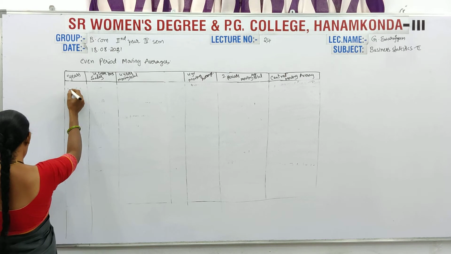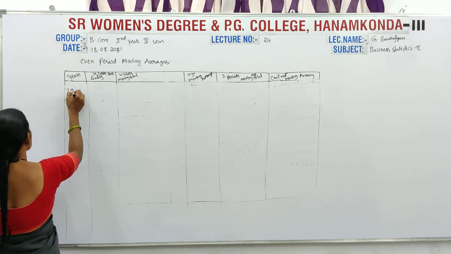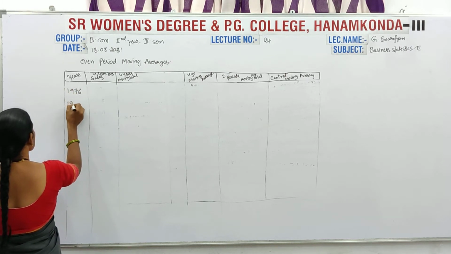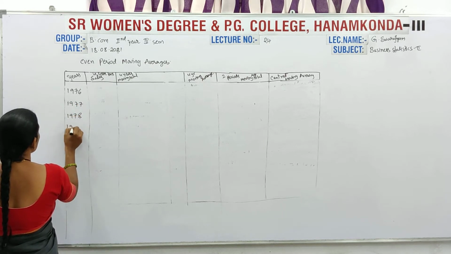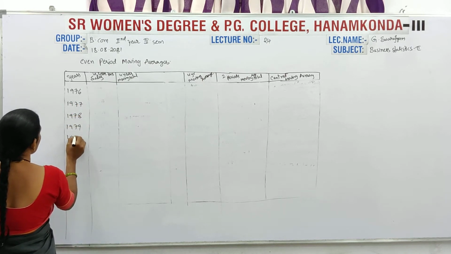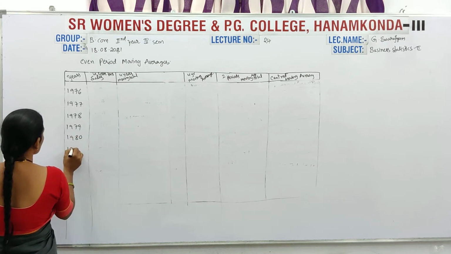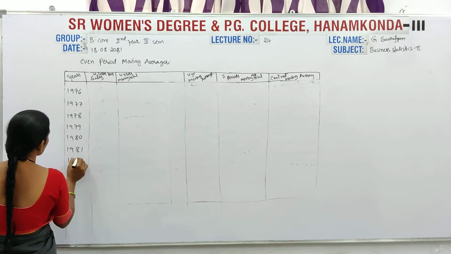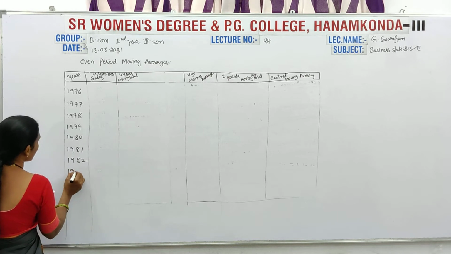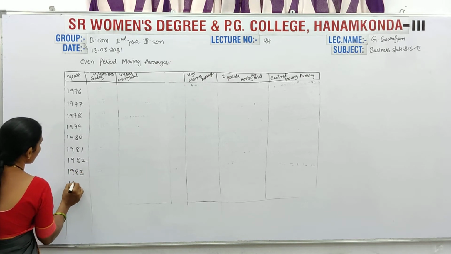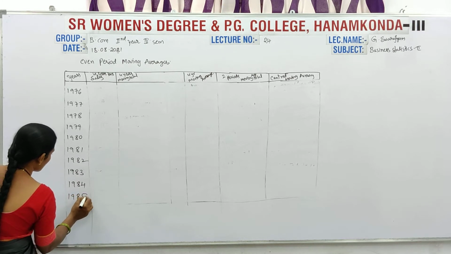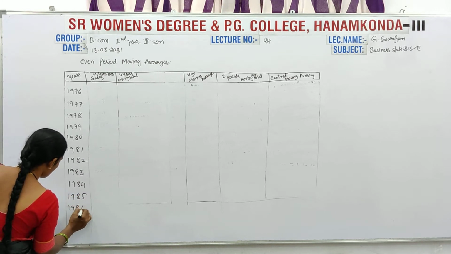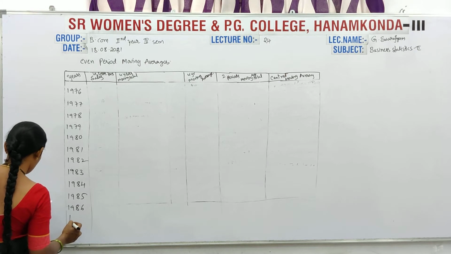The years are the same as this: 1976, 1977, 1978, 1979, 1980, 81, 1984, 1987.